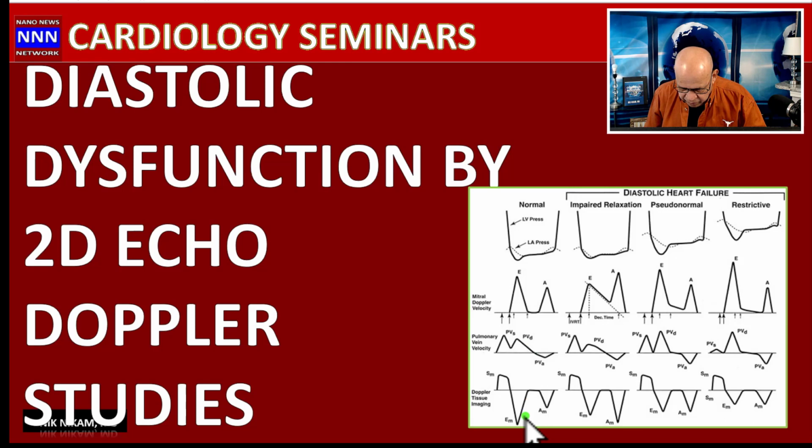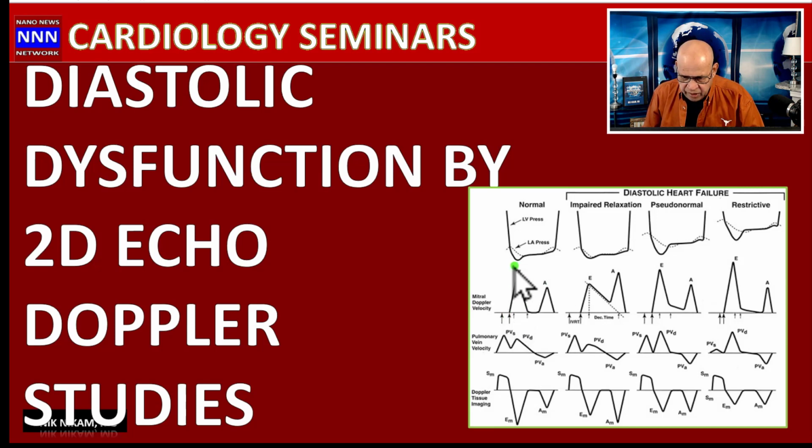Then in the bottom we have the tissue Doppler from the septal or the lateral wall, looking at the annular movement during ventricular systole and diastole. As you can see, we also have the pulmonary vein velocity, which is a sort of a reflection of what's happening in the left atrium due to the impedance to the flow of blood into the ventricles.